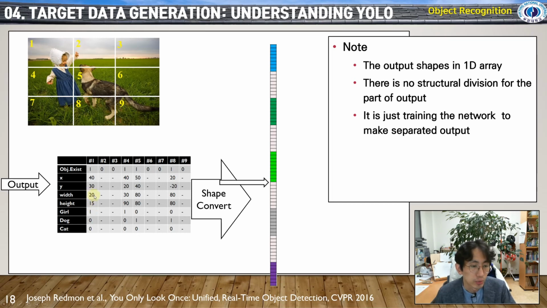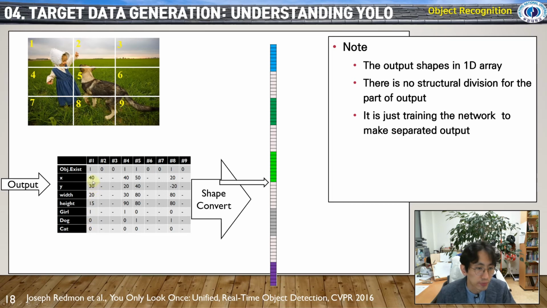But here we just calculated all the differences for each feature, and also we did not give any weights for the class information, because there is a lot of information for x and y coordinates, and there is little information for girl, dog, and cat.